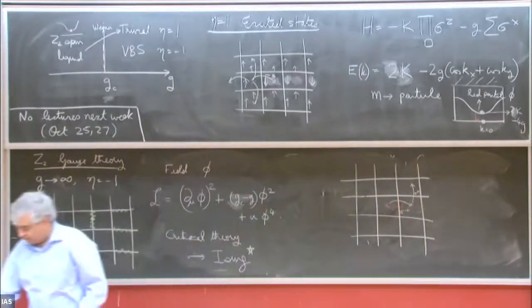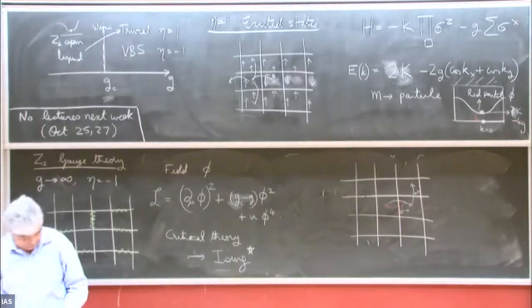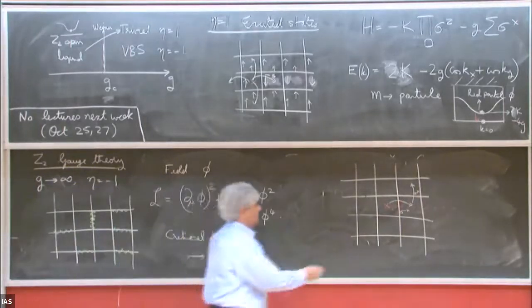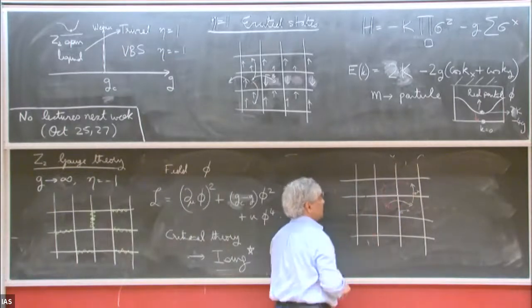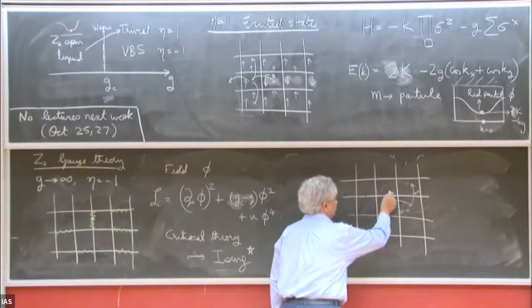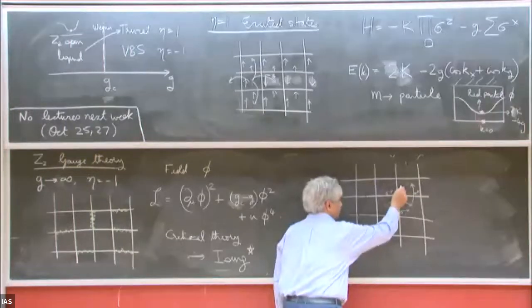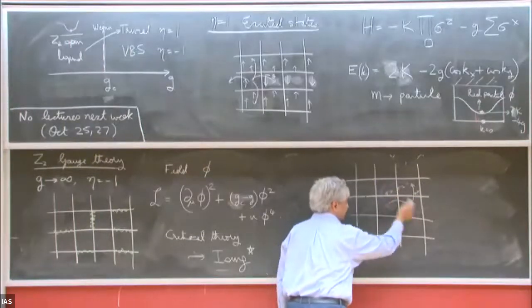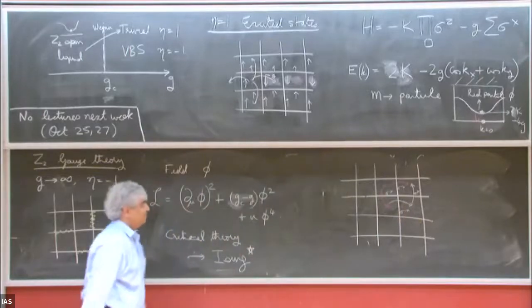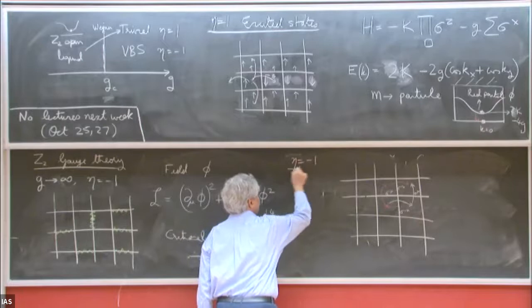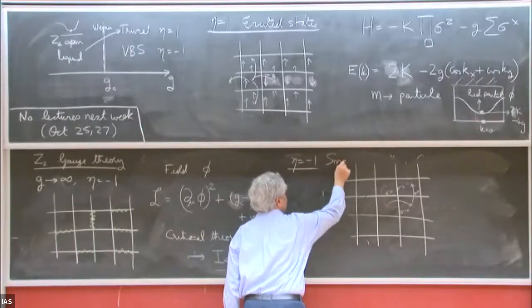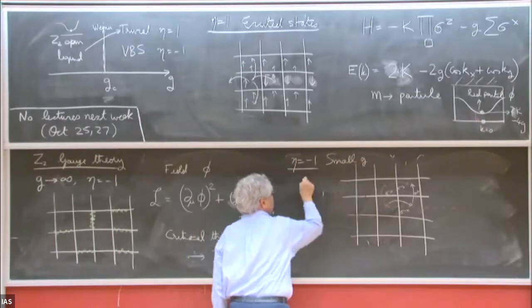But if I go the other way, this way, here and there, then I get another sigma x here and another sigma x here, because sigma x is the object that moves the Y-zone. So what I'm doing here is eta equals -1 and the small g excited states.